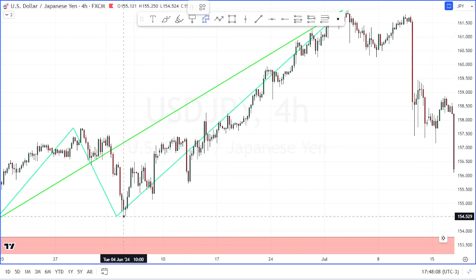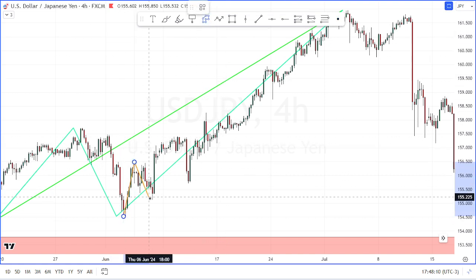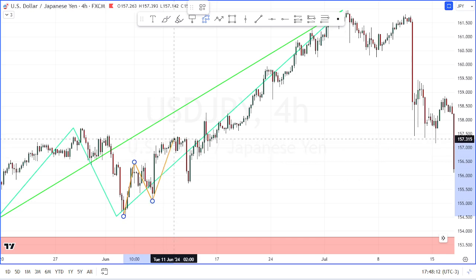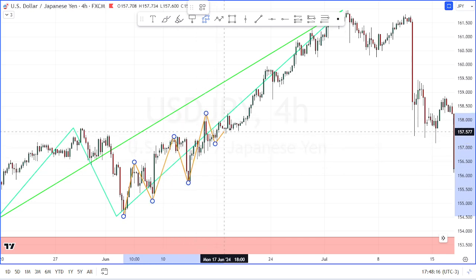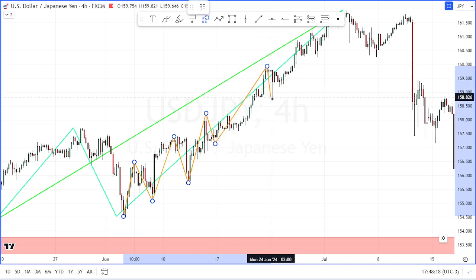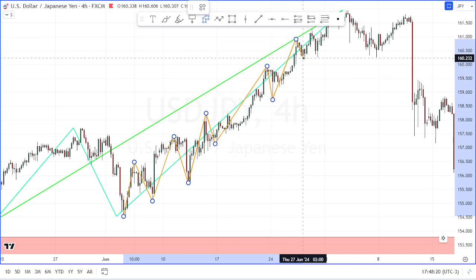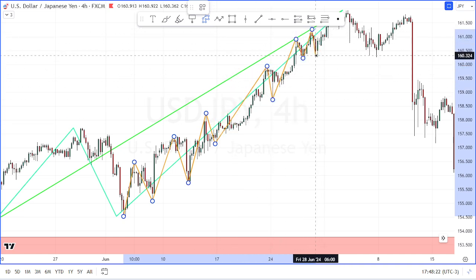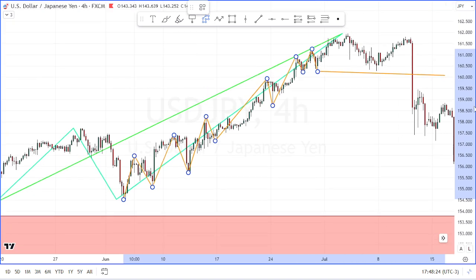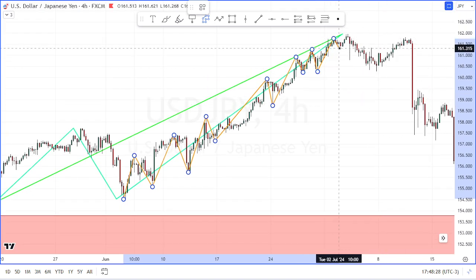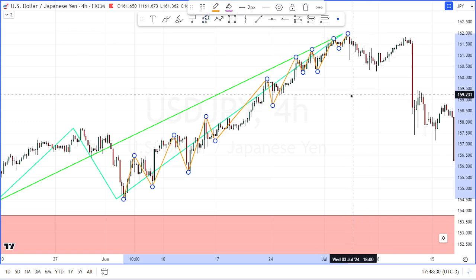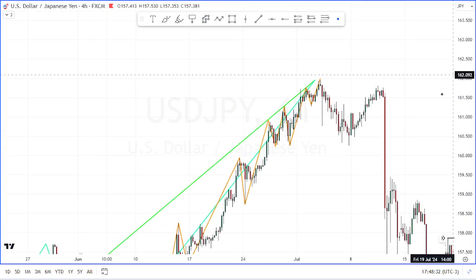So you see higher highs and higher lows, higher highs, higher lows, higher highs, higher lows, higher highs, higher low. Okay, and we have higher highs, higher low here, higher high here. So this is where the markets change.